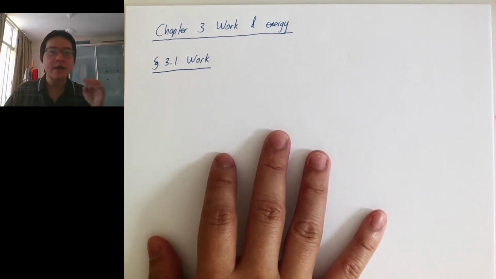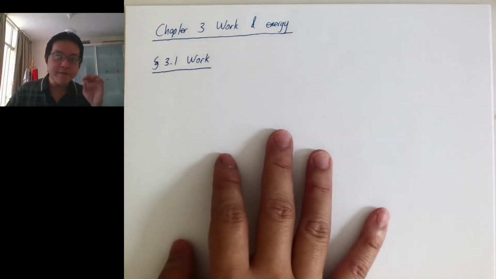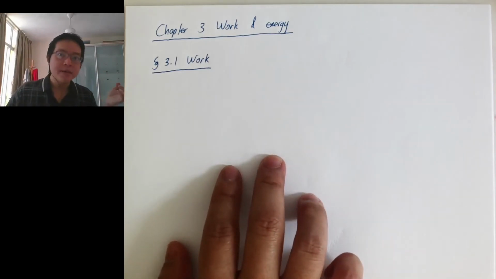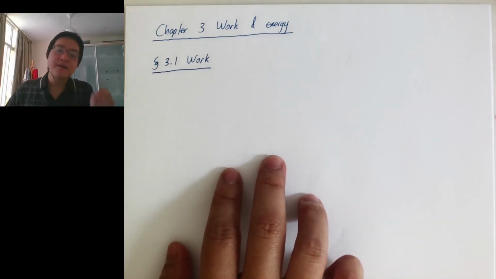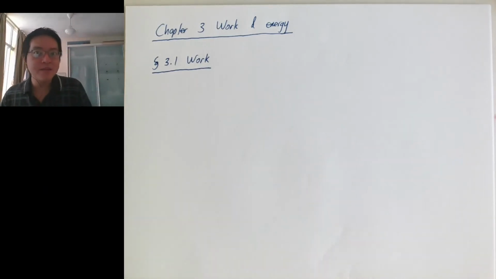Why can it not be created or destroyed? Actually, this is a very fundamental and deep topic in physics and also mathematics. It turns out that the reason why energy cannot be created or destroyed is actually coming from a mathematical concept.